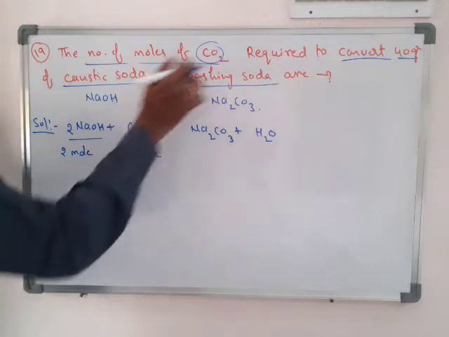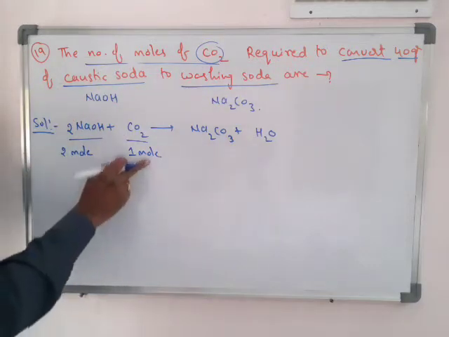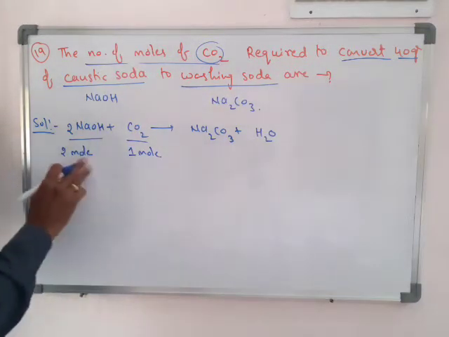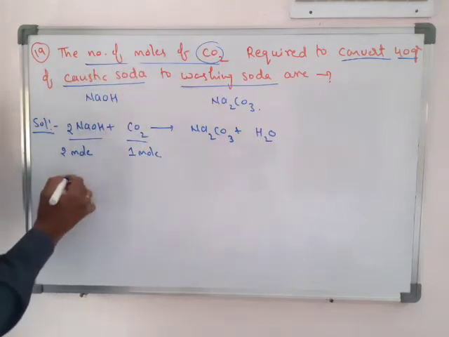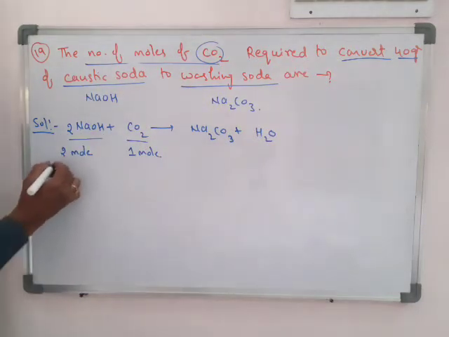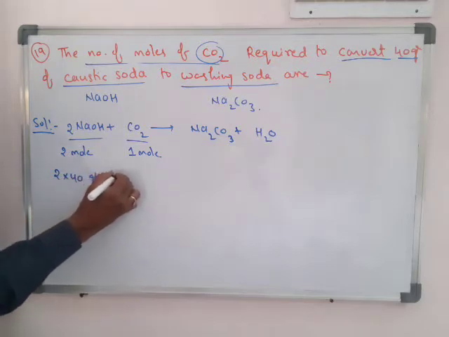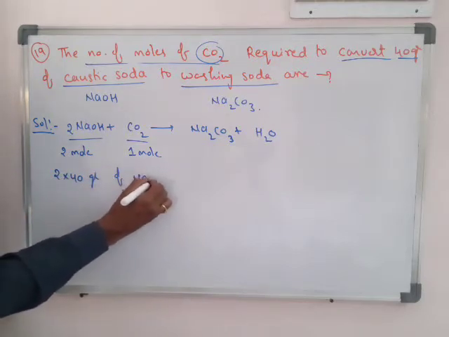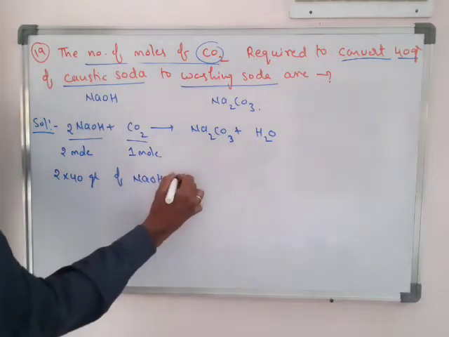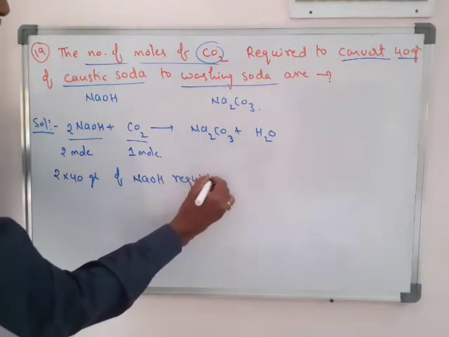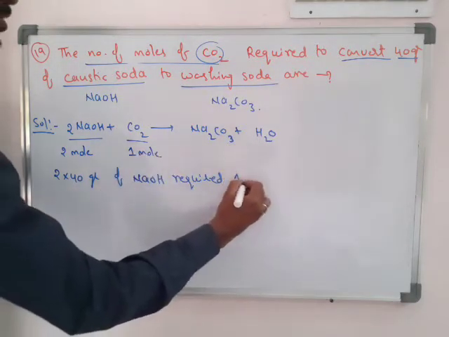CO2 is already in terms of moles, and caustic soda is given in grams. So 2 into 40 grams of caustic soda requires 1 mole of CO2.